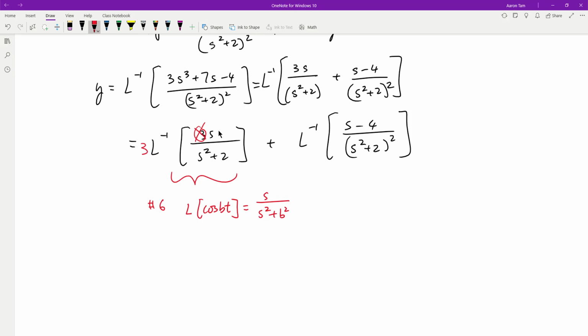Now I do have s on top, s squared on the bottom, and a 2 in place of b squared. So b squared is equal to 2, which implies that b must be equal to radical 2. Therefore, this front part must be equal to 3 cosine radical 2t.